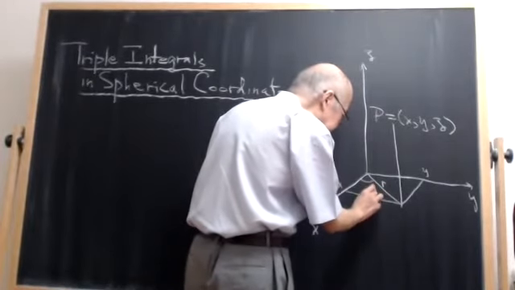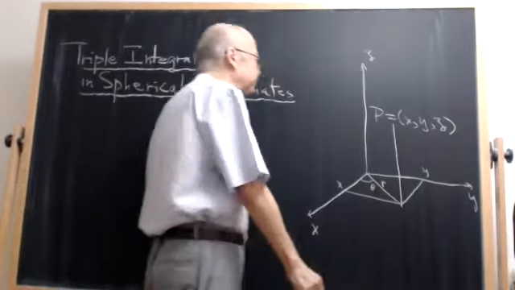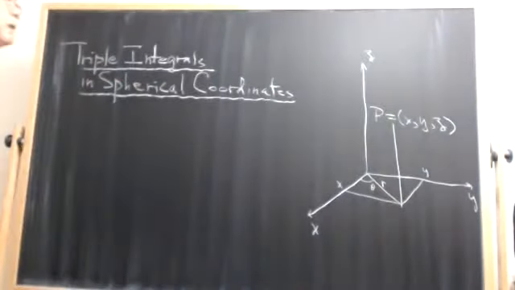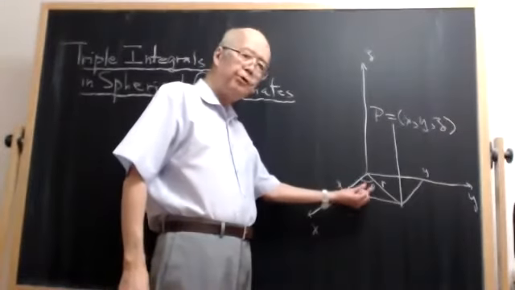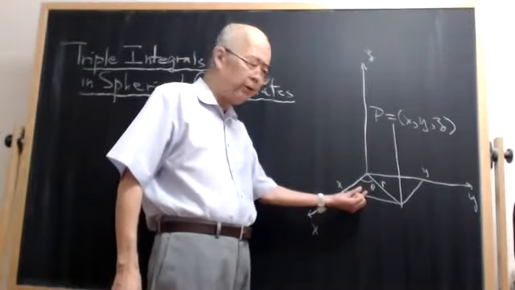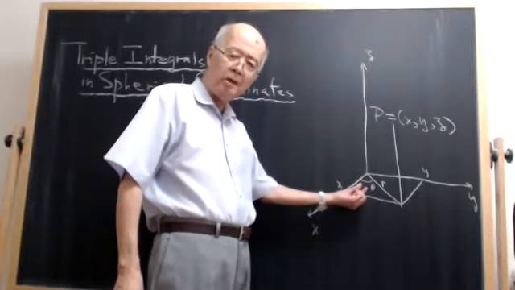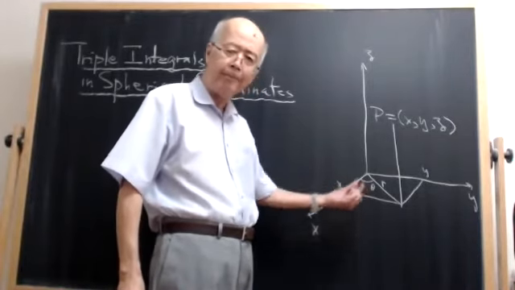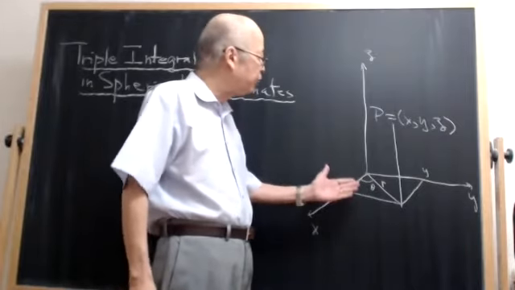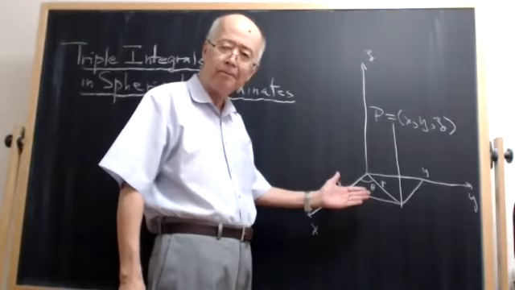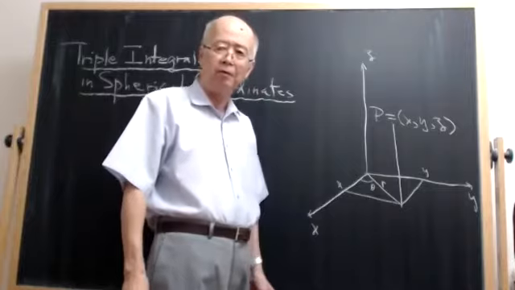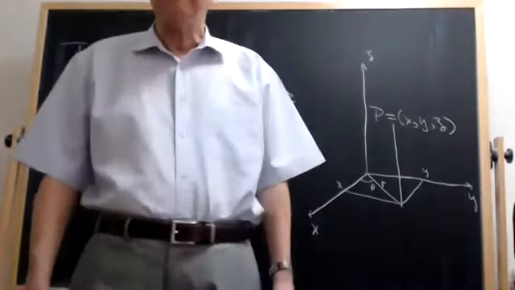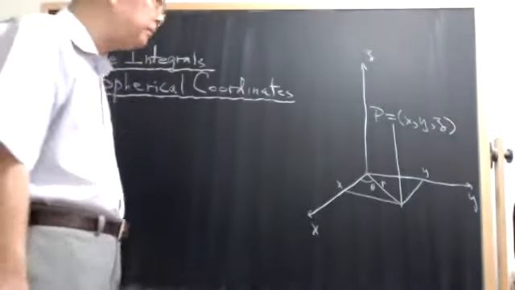This is theta. But let me warn you that in some books, they use a different letter for this angle. They use the angle phi. But let's try to follow the old tradition of using r and theta for the polar coordinates in the xy plane.